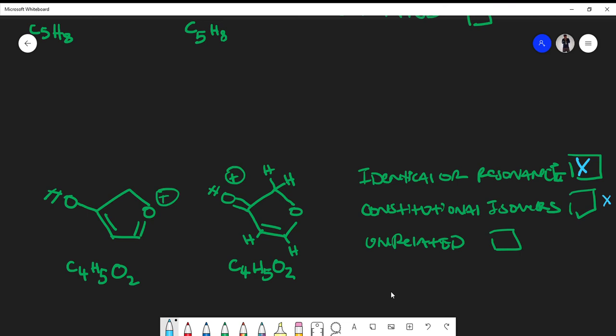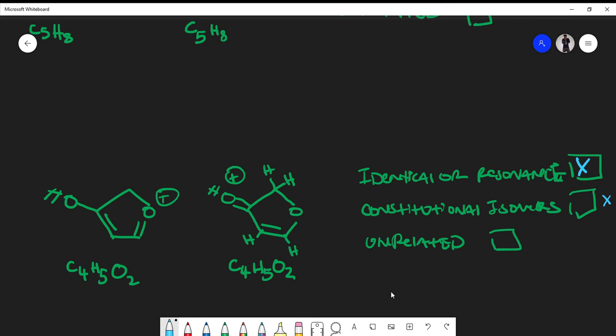Here, the atom connectivity is the same. I have my oxygens in the same place, they're not connected any differently. The only thing that changed in this formula was the electrons. So that is a critical distinguishing factor: atoms versus electrons.